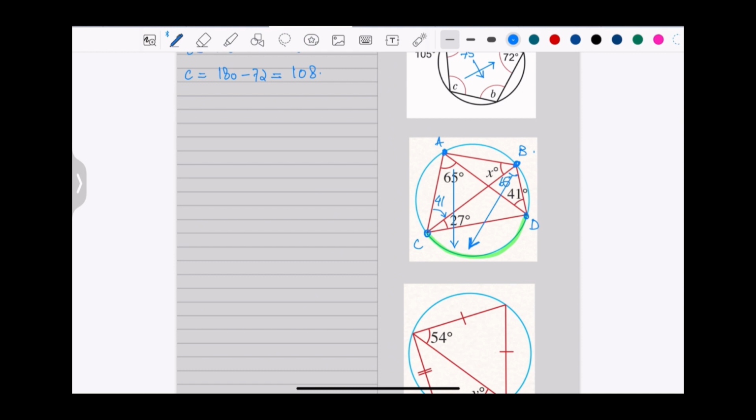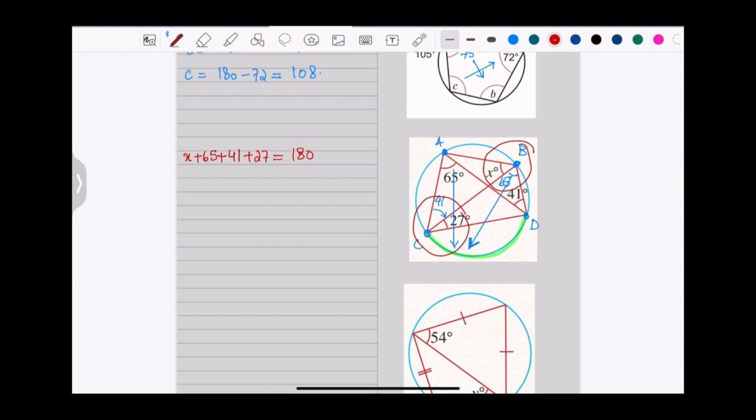So as we know, this whole angle is opposite to this whole angle of the cyclic quadrilateral, and they all sum to 180. So I can say x plus 65 plus 41 plus 27 is going to be 180.